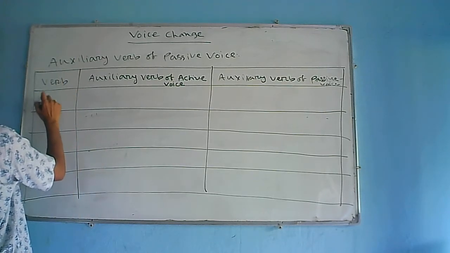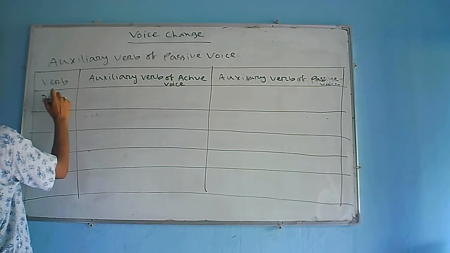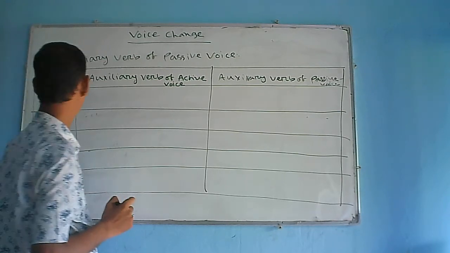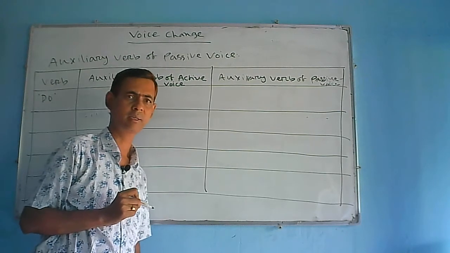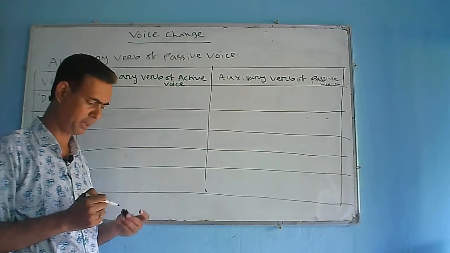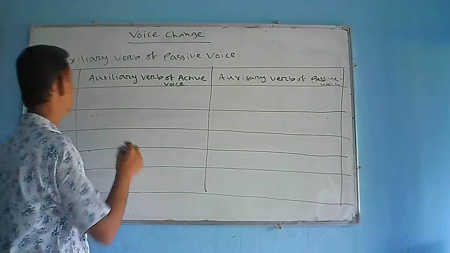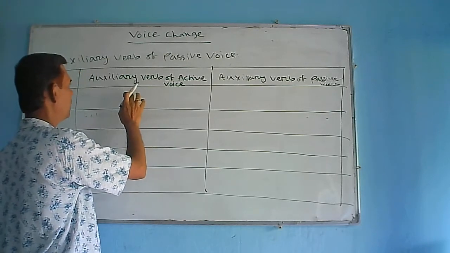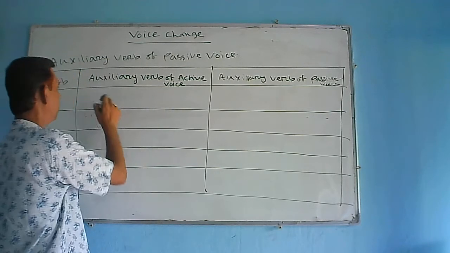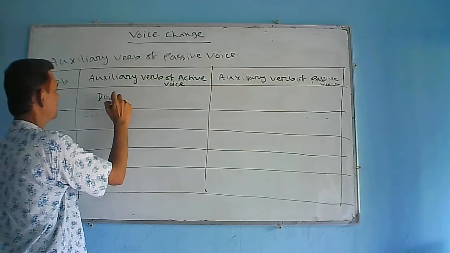Do verb. What are the do verbs? Do, does. At the time of present indefinite tense, do, does are the do verb. So, do, does are the auxiliary verb of active voice.